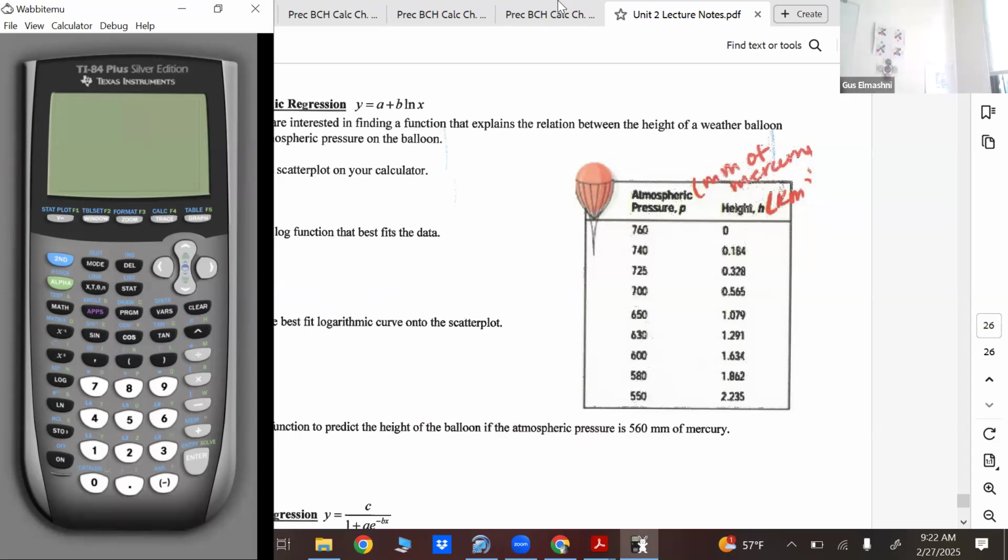And don't worry if number 2, part A, the calculator stalls for like a minute, it'll do that. You did nothing wrong. Just be patient. It's really a graph though.